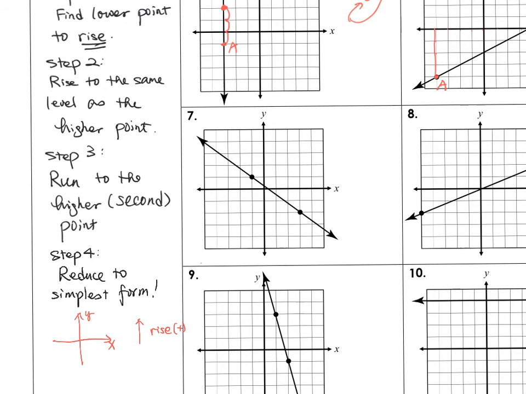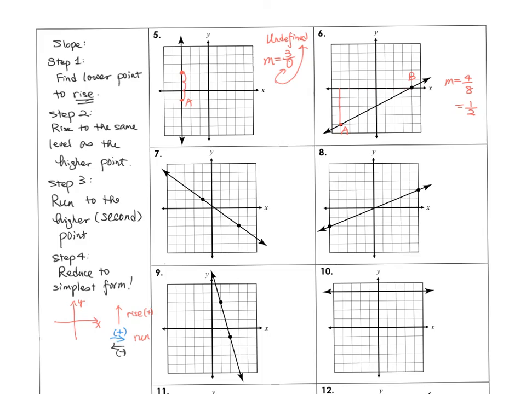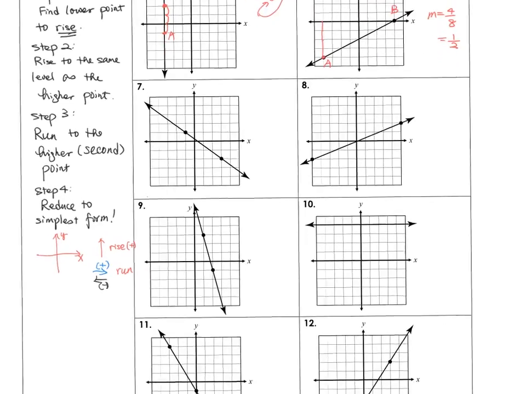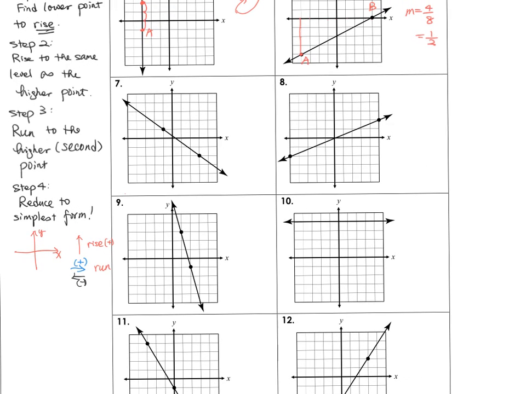But when we run, it depends on if we go to the right, that's positive. If we go to the left, that's negative. So you want to pay attention to that. Okay? Pause the video and finish copying that down. And then I want you to finish everything on this sheet. I will give the answer key here.